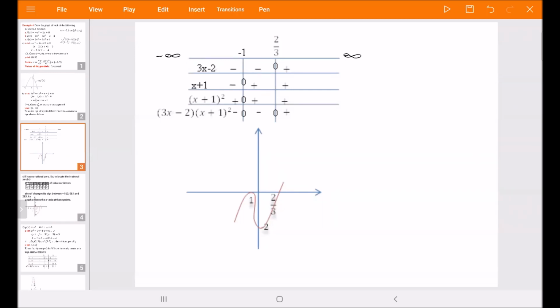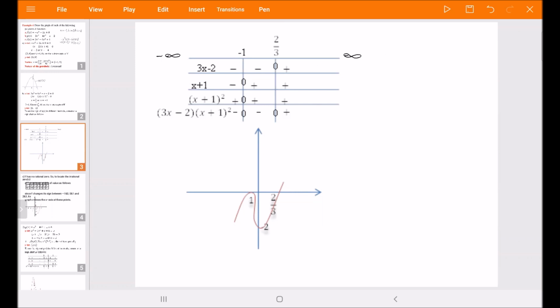So negative, negative, and for values greater than 2 over 3, simply take an integer that is greater than 2 over 3 and evaluate 3x minus 2. If you make this evaluation correctly, then if the sign is not negative, the sign of 3x minus 2 is positive.